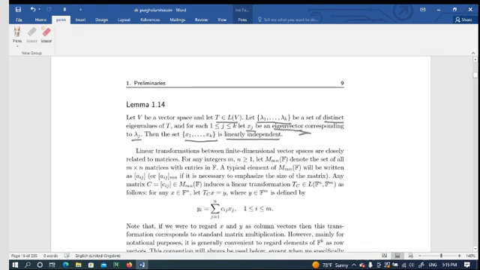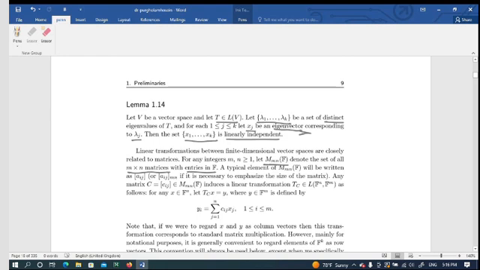We have another notation, M_mn(F). It is the set of all m by n matrices with entries in F. So, for example, M_mn(R) means the real matrices, the entries are real valued.